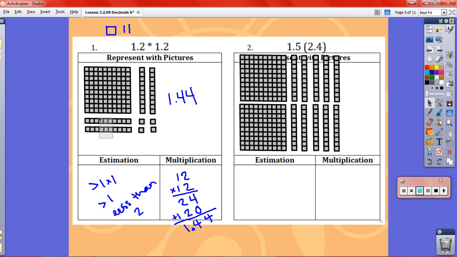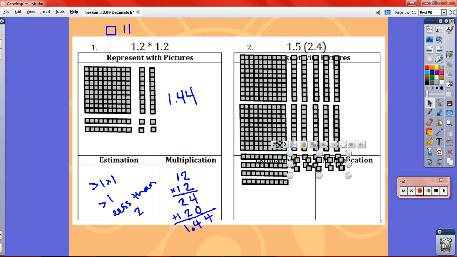So that's 4 tenths of my wholes, and then 4 tenths of the tenths.